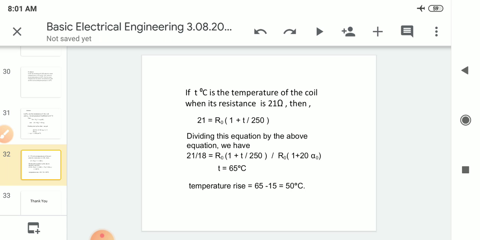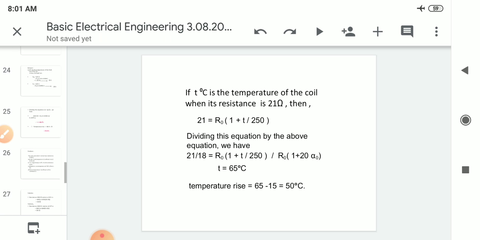These have the same type of solutions. In these problems, they generally ask to find the value of alpha, otherwise delta T, temperature rise, or change in resistance, delta R.